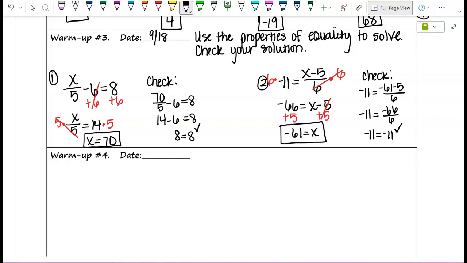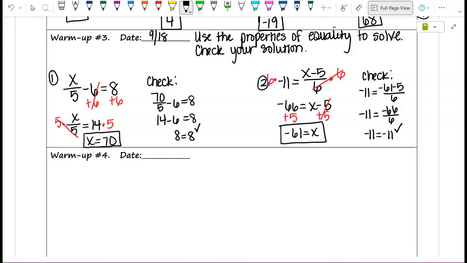Did you get the answer? What do you mean by differently? And then you what? You got the negative 66, so you multiplied both sides by 6, which is exactly what I did.